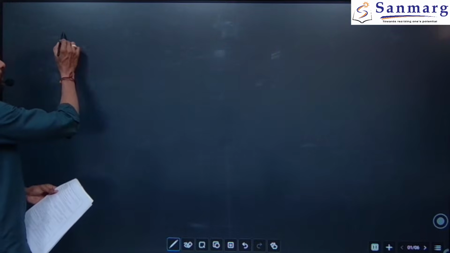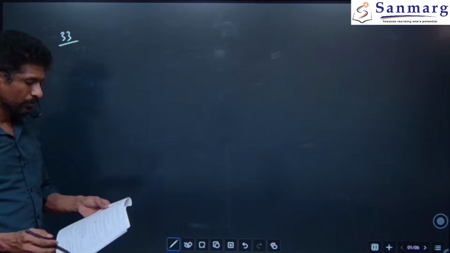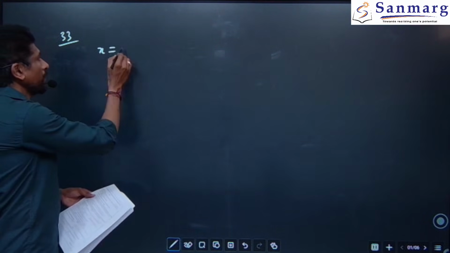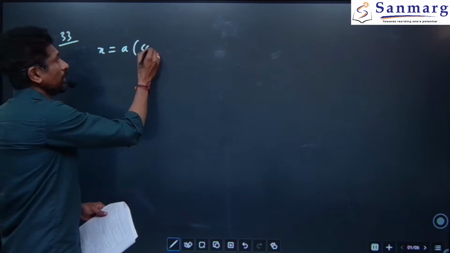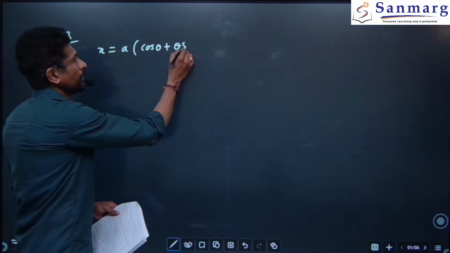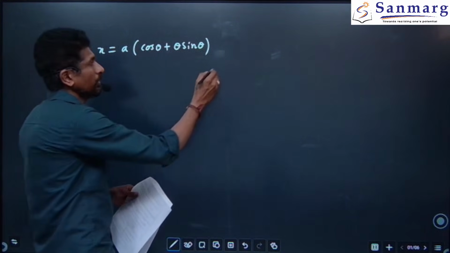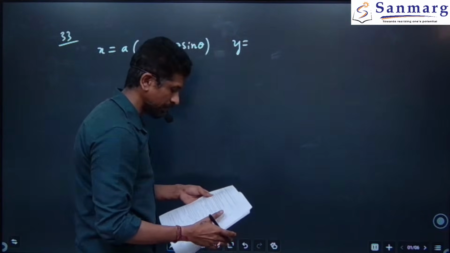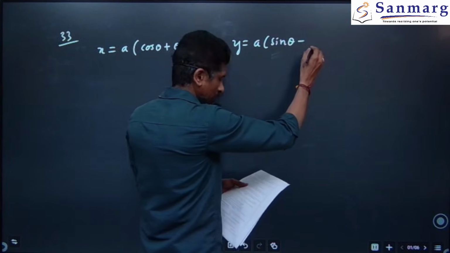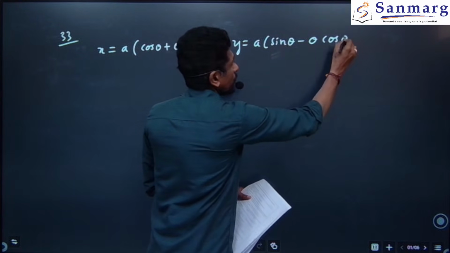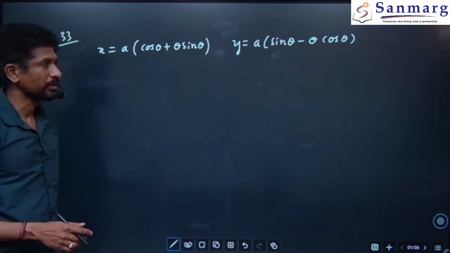So for question 33, in the parametric or implicit derivative concept, they have given the parametric derivative concept, that x is a into cos theta plus theta sin theta, the x parameter with respect to theta, and y is also a parameter of theta itself, a into bracket of sin theta minus theta cos theta. Using these two functions, x and y, you have to find dy by dx.